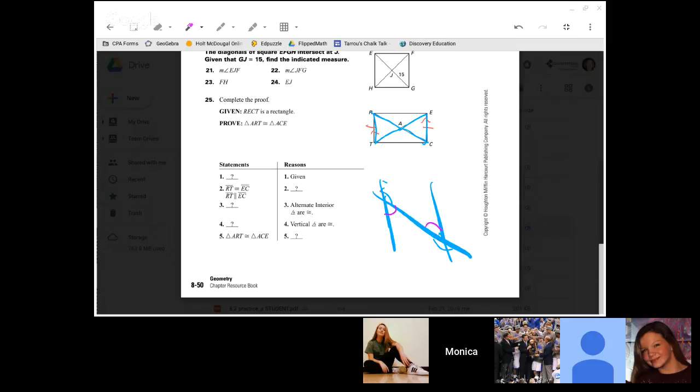So what angles in that picture up there look like any of those alternate interior angles from the diagram at the bottom? So if I have 2 parallel lines cut by a transversal, which of those angles are going to be in those triangles that we're trying to prove?